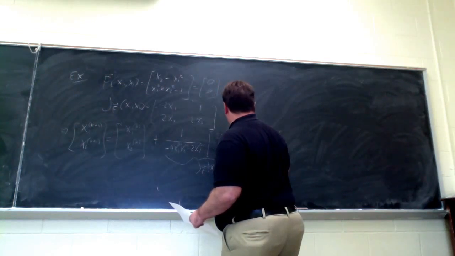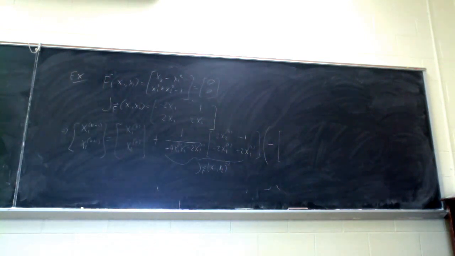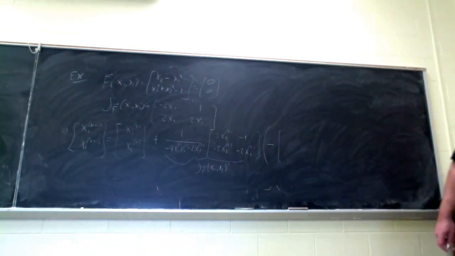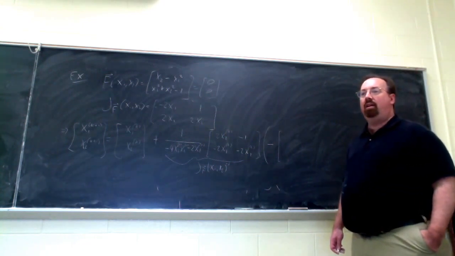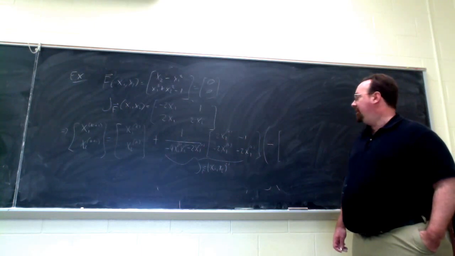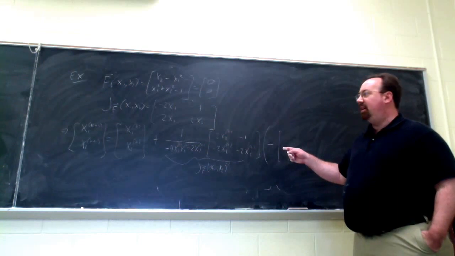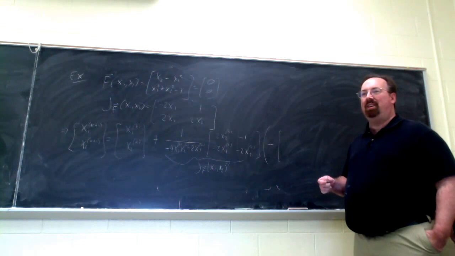Oh, not just the Jacobian with the minus. You need a minus in there somewhere. It doesn't really matter where it goes because it's multiplied. That's true.